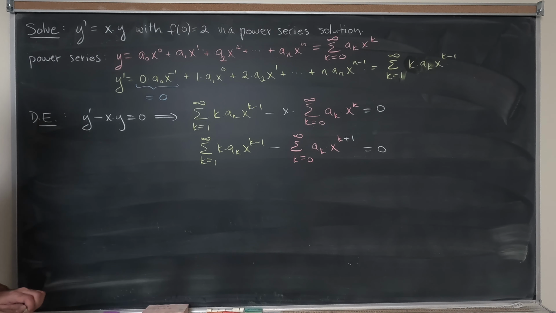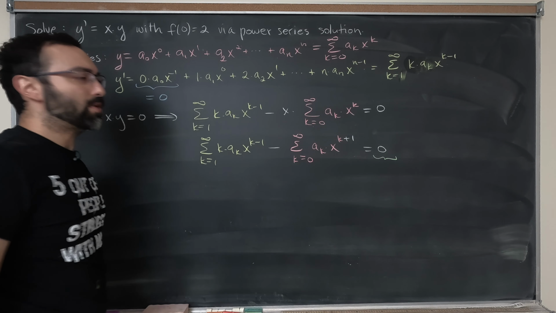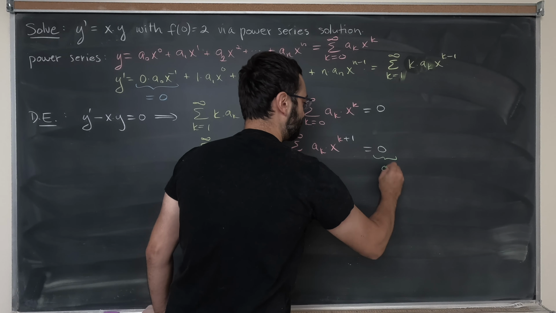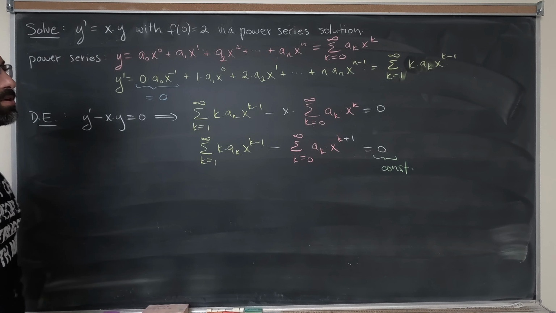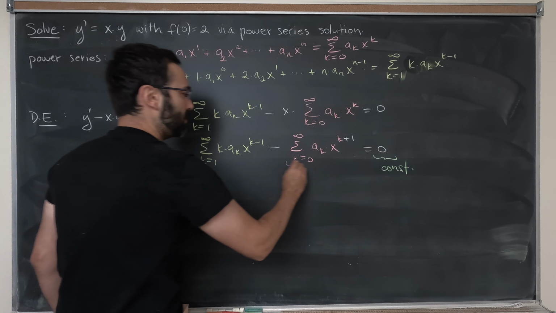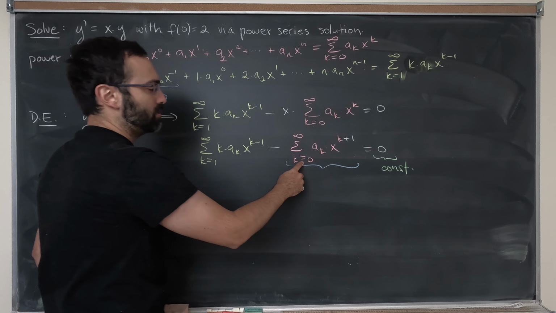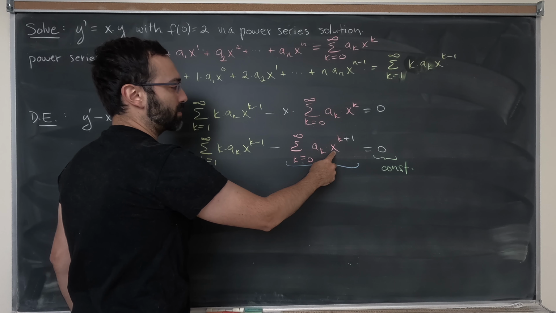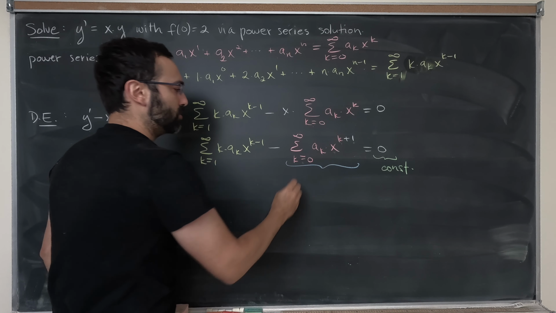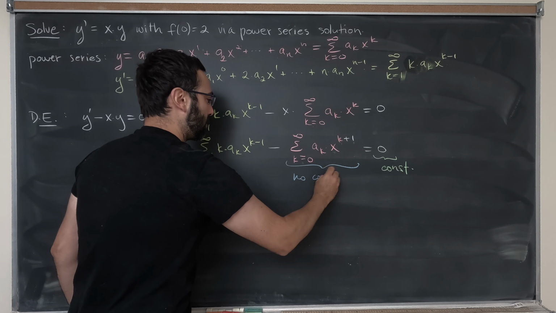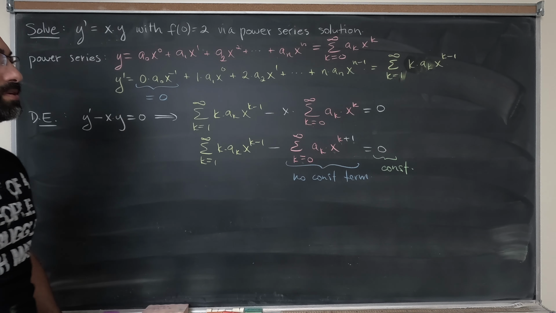If we look at the right-hand side of our equation, we have a constant term of 0. If we look at the left-hand side, do we have any constant terms? Well, in this summation, if we were to expand that out, k starts at 0, which would make the smallest power of x here x to the power of 0 plus 1, or x. So there is no constant term within this series.